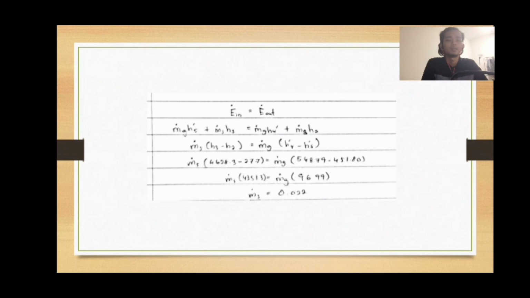Next, this is how I get a new mass flow rate for Rankine, since Rankine didn't have any mass flow rate yet. I also use this to get total network.